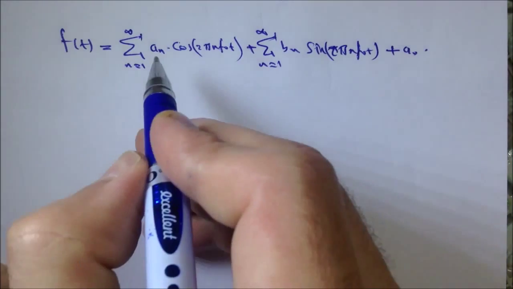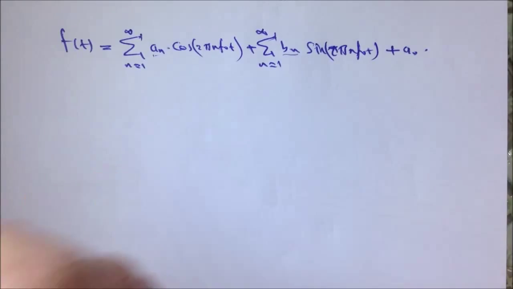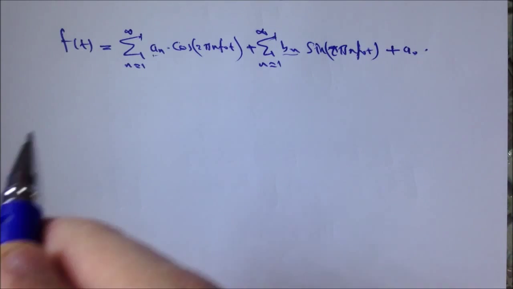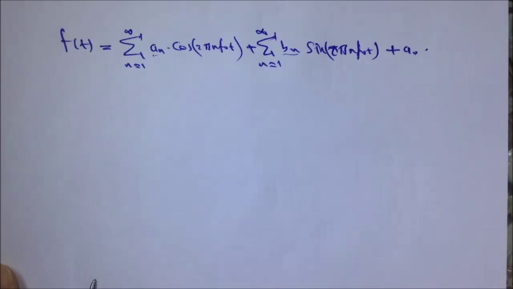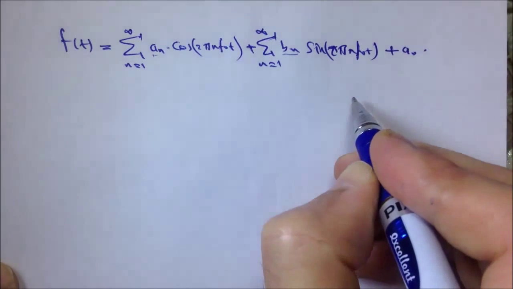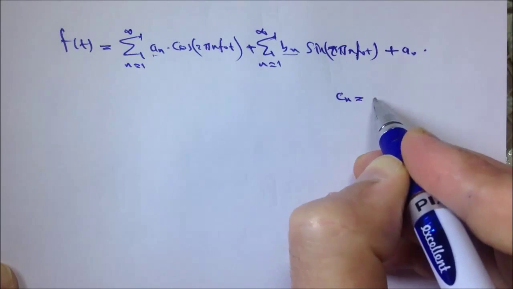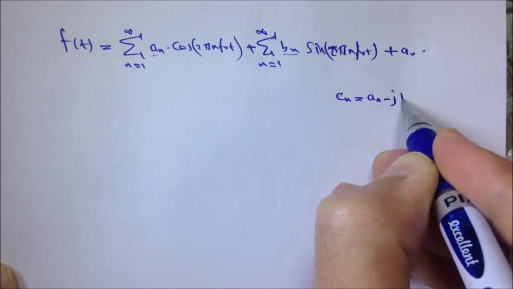This formula is written in terms of a sub n and b sub n. We need to modify it to fit the new definition of c sub n, where c sub n equals a sub n minus j b sub n.